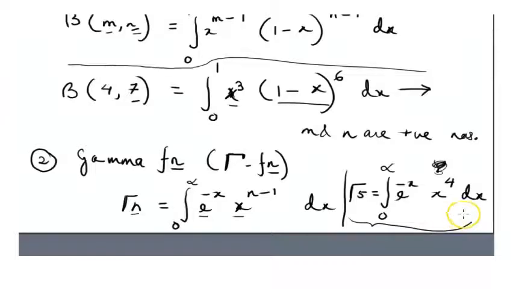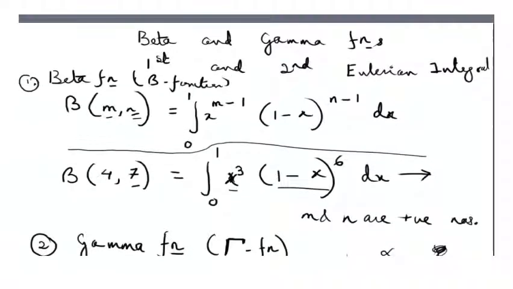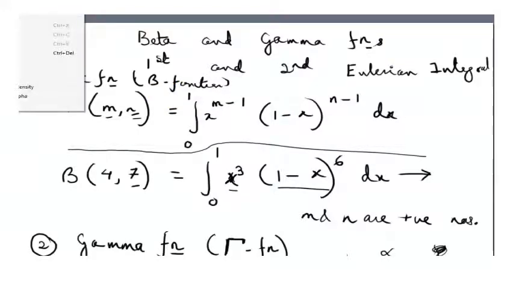Now let us look at certain properties of beta and gamma functions. You will find that I'll shift between beta and gamma as the necessity arises.